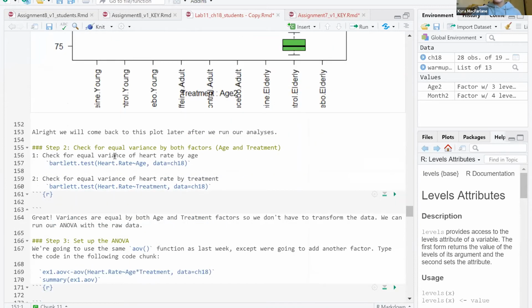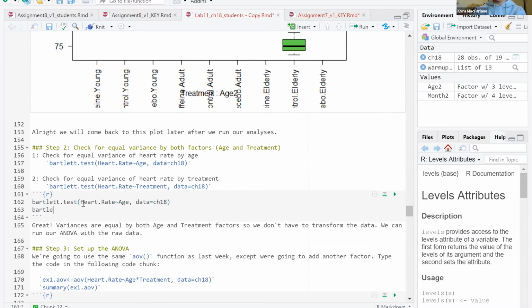Step 2, same with the one factor ANOVA, we need to check for equal variances by both factors. So Bartlett test, heart rate by age, data equals chapter 18. Bartlett test, heart rate by treatment, data equals chapter 18. I didn't run either of those.